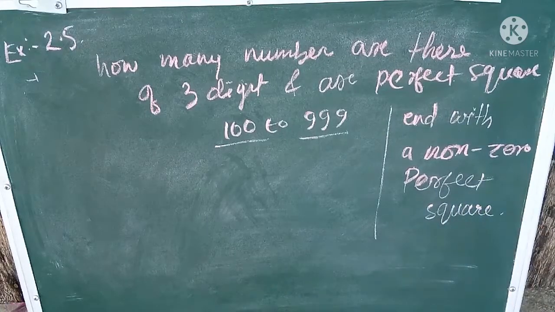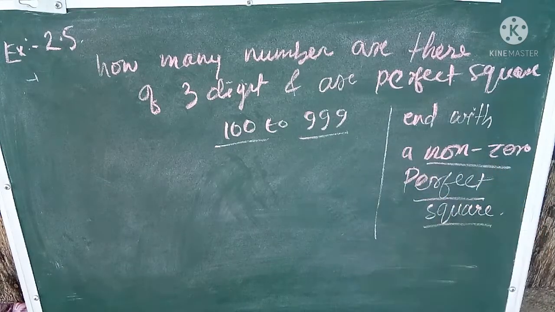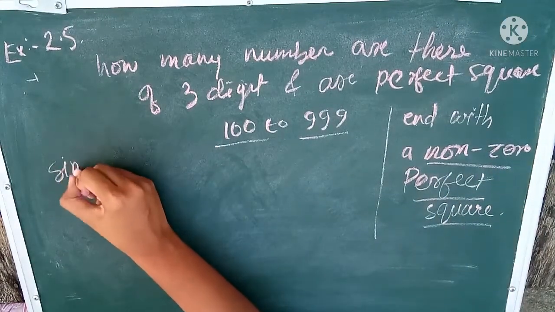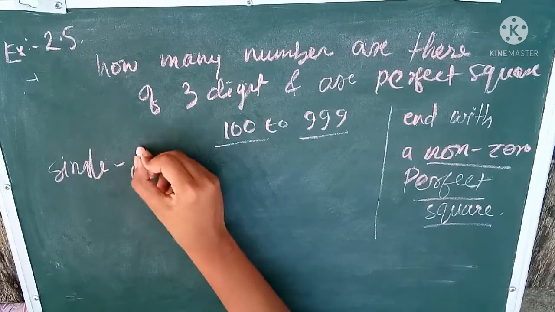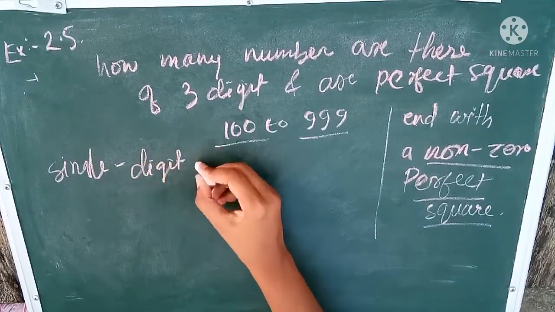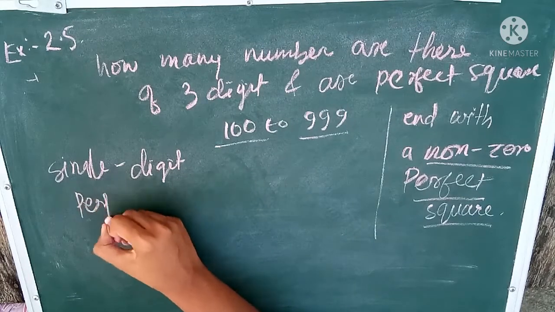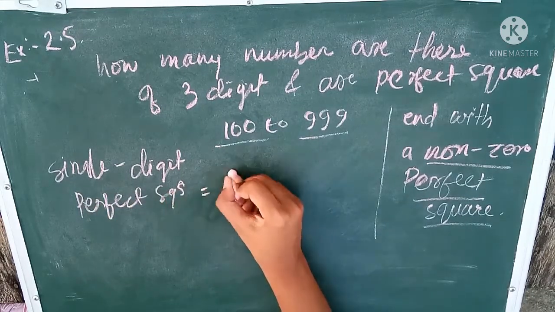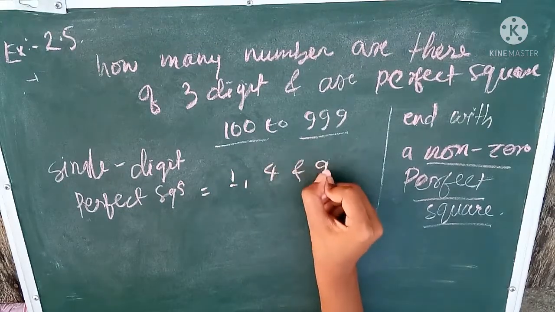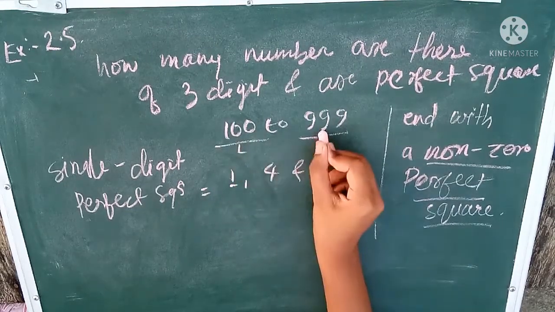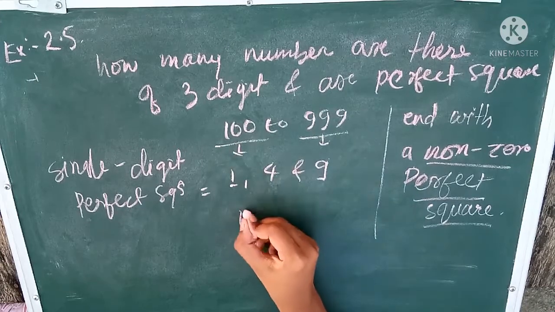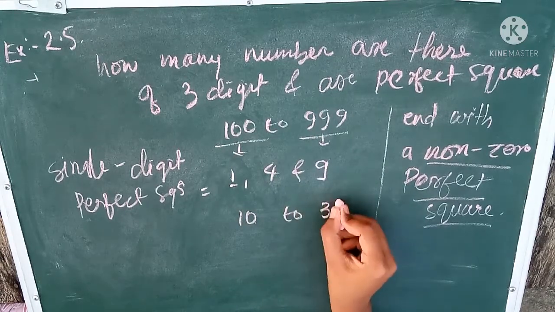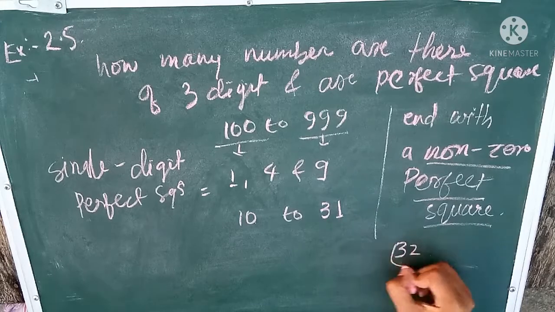So we need to find those numbers which end with non-zero perfect squares. We already know that the single digit perfect square numbers are 1, 4 and 9.